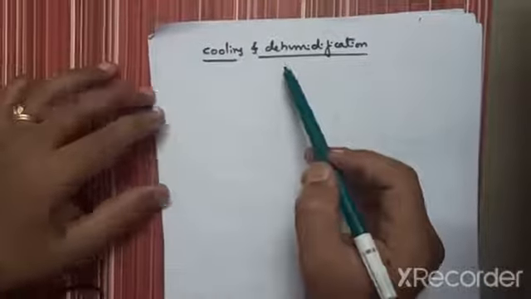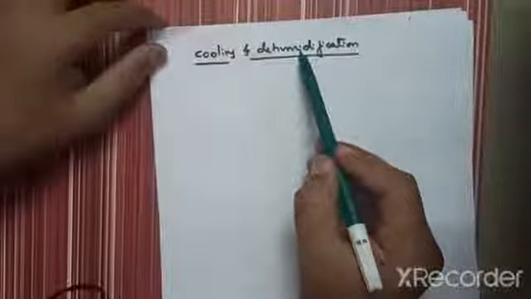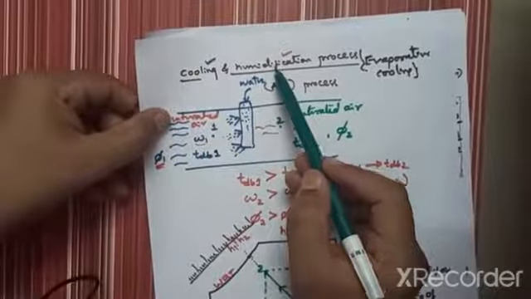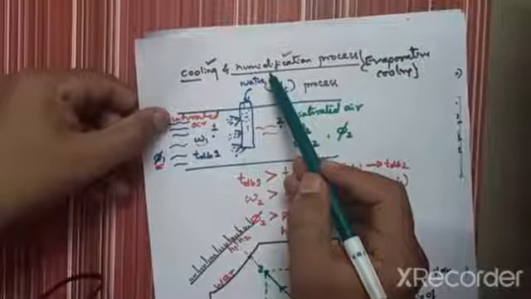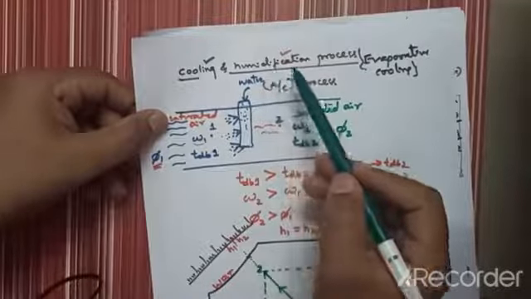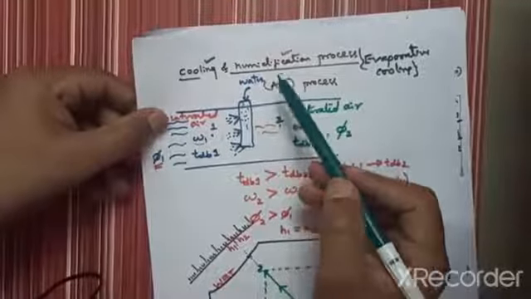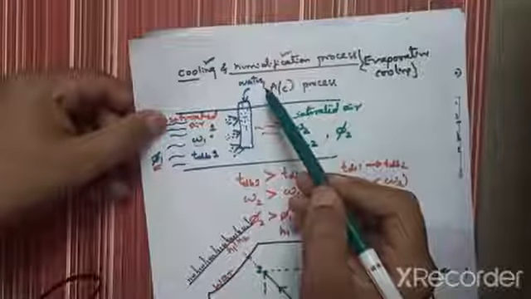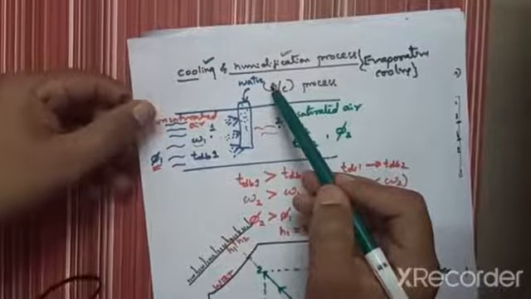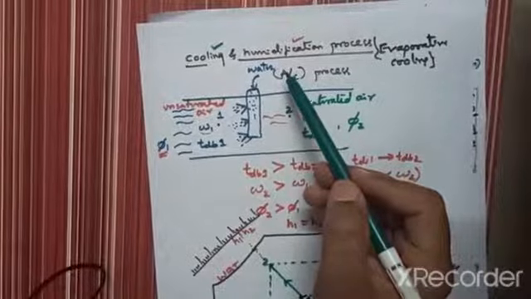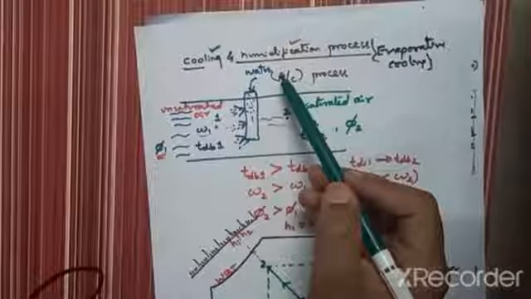As I told you in the previous video lectures, dehumidification as well as humidification will not be conducted separately in practice. It is not possible. The reason is that during humidification as well as dehumidification, it is very difficult to maintain the temperature of the air constant, though the temperature should be constant during the process.